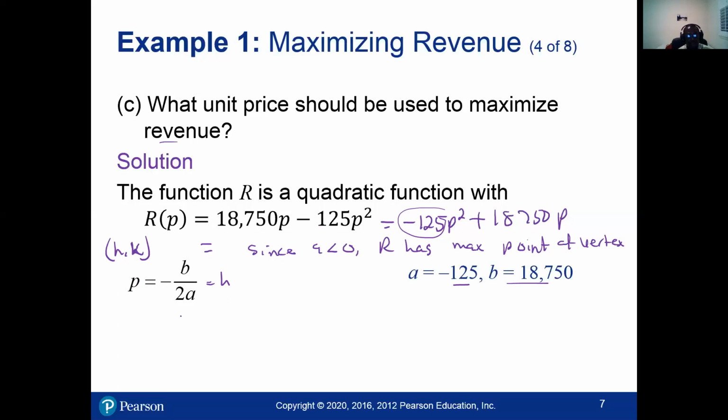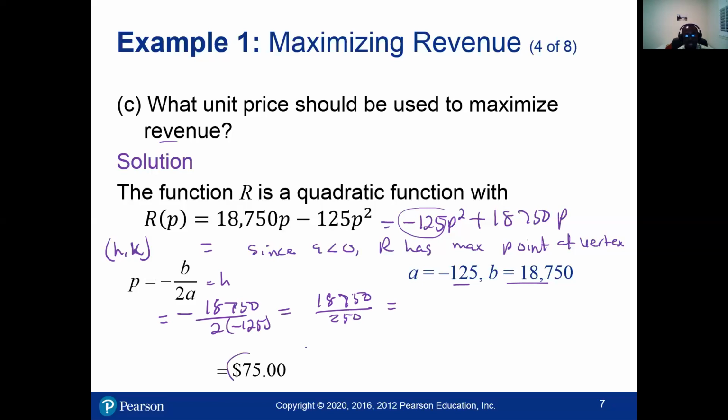H is equal to minus B, which is 18,750, divided by 2 times A, which is minus 125. So you get 18,750 divided by 250, and when you divide this, you get 75.